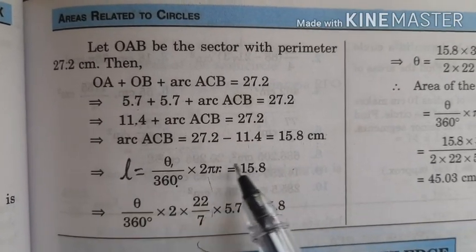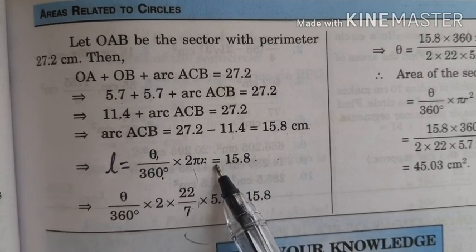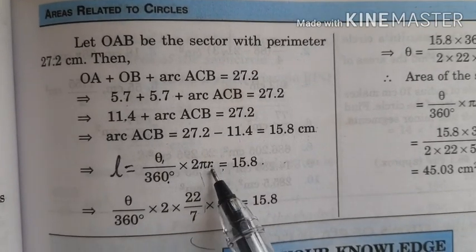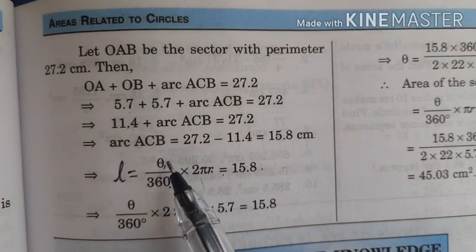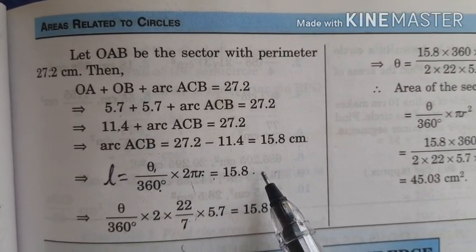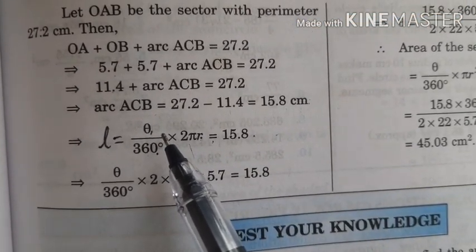Therefore, length is equal to 15.8 centimeter. And this is equal to what? For 360 degree, 2 pi r is the length. Okay. And for theta degree, how much is the length? The length is 15.8 centimeter. Therefore, here theta is the only unknown thing.